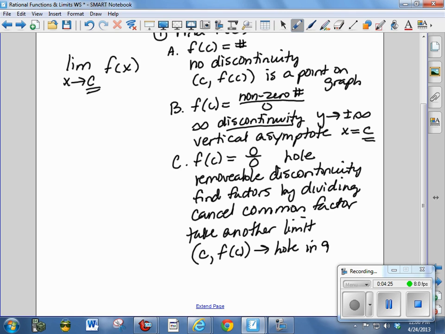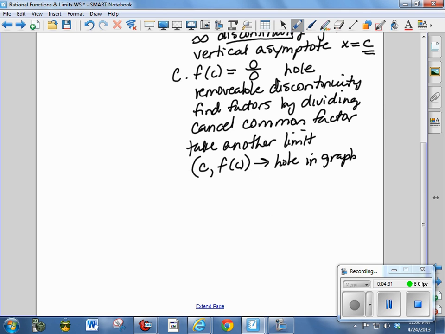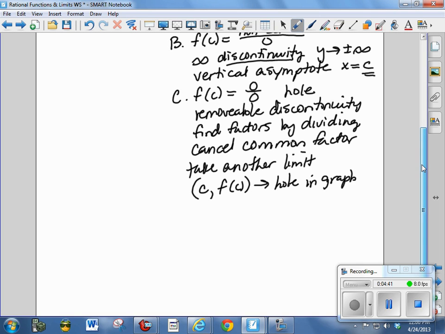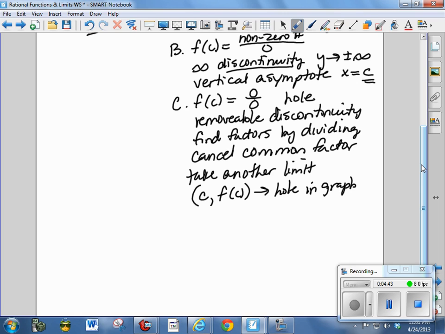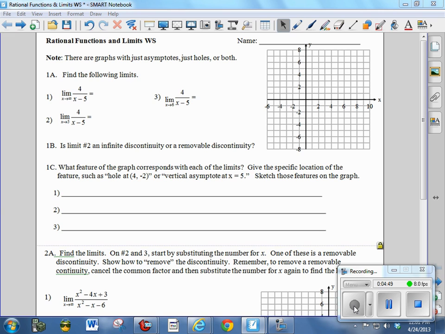As x gets really close to c, y is getting really close to a number, but the actual number can't exist because there is a variable in the denominator and I'm not allowed to have the denominator equal to 0. But I can cancel it out and find out what it would be if that number existed, basically.